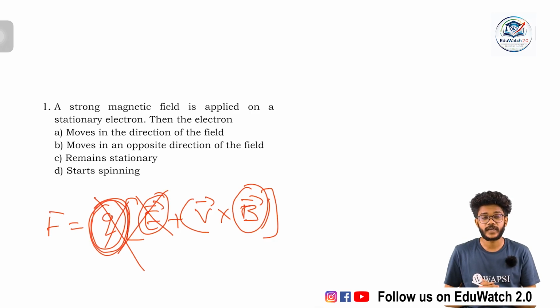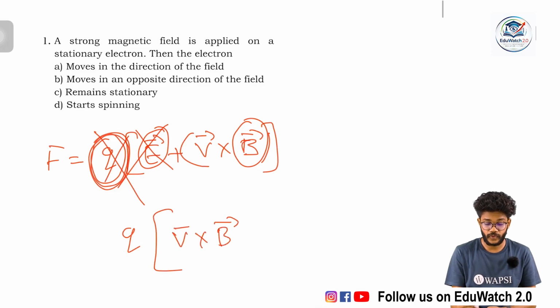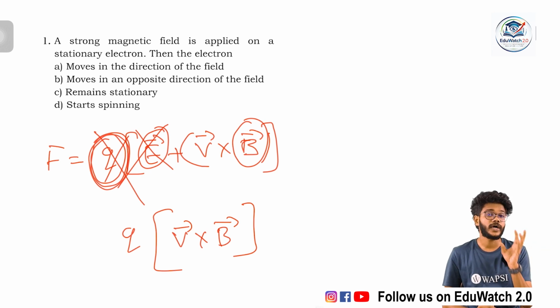Next is the component of the force due to the magnetic field. Here we have a charge, but we want a force due to the V cross B. That means the velocity of the charged particle should act with the magnitude of the magnetic field.